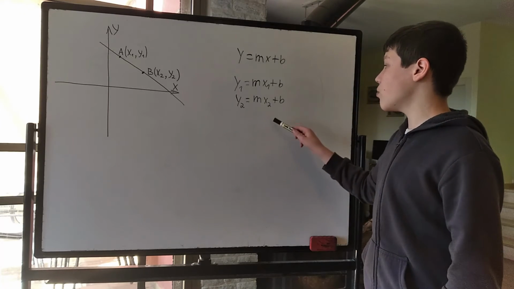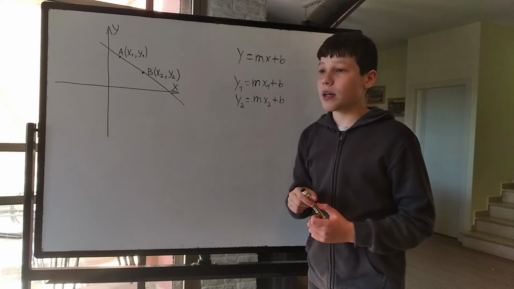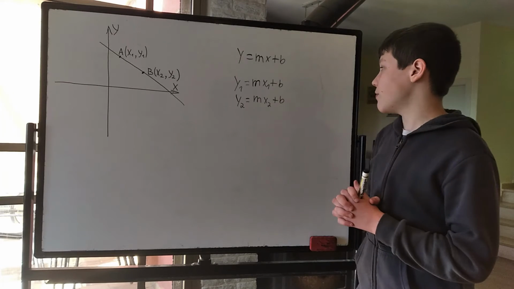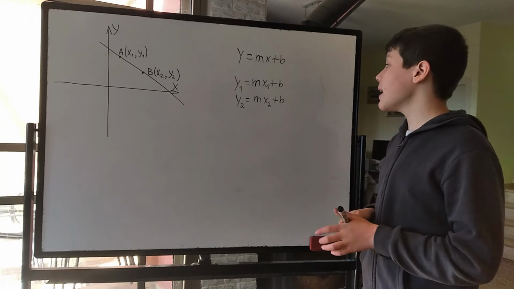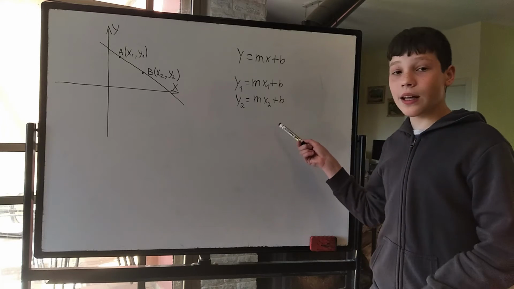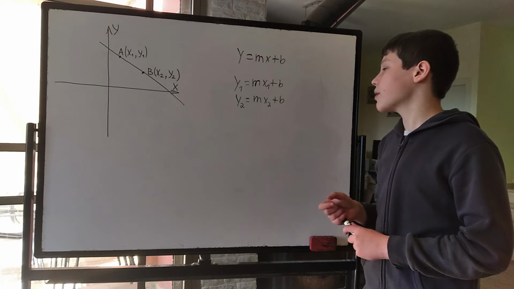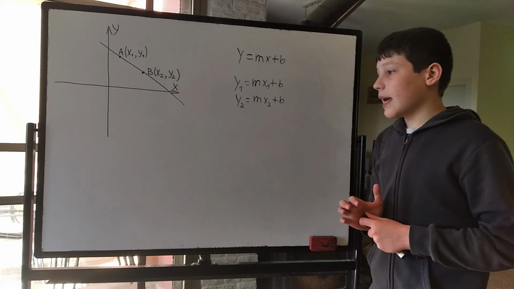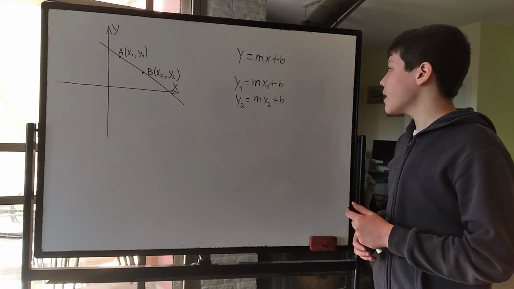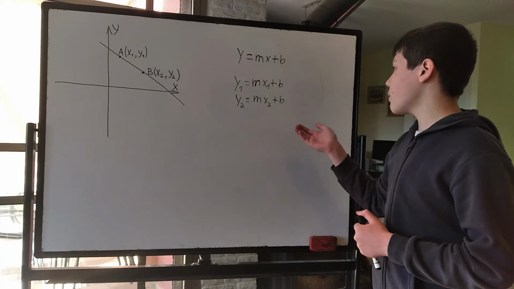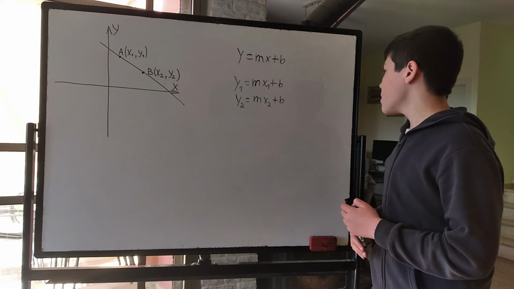Now, what we want to find is the slope of the line, which is m, using x1, x2, y1, and y2 to get the formula that we found. And it would be really easy if we didn't have this little annoying b component over here. And we don't know what this b is in terms of anything here, x1, x2, y1, y2, or m.